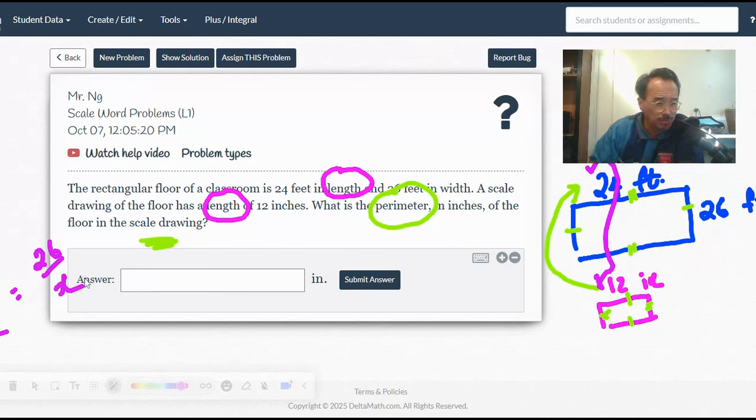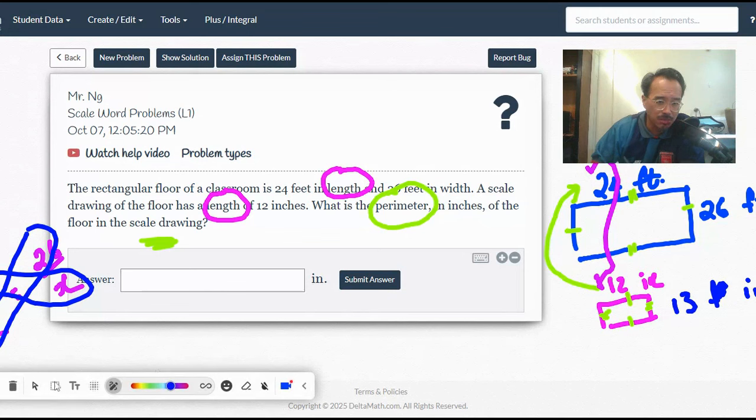Do you know? Well, you can do one of two things, right? You can see how 24 becomes 12, and then look at 26, see how it becomes what that number is, or you can cross multiply. You can go like this, right? And either way, when you cross multiply the 12 and the 26 and divide it by the 24, you will realize that the answer is 13 inches. Okay? All right, let me put that in.